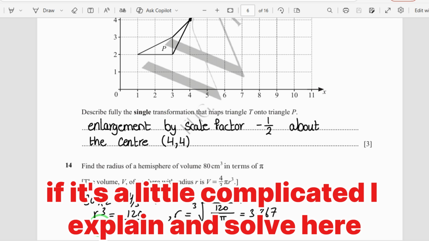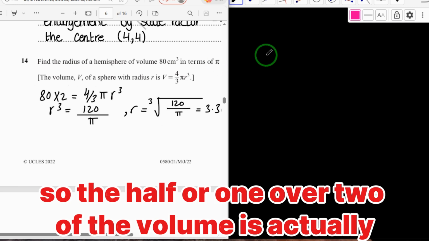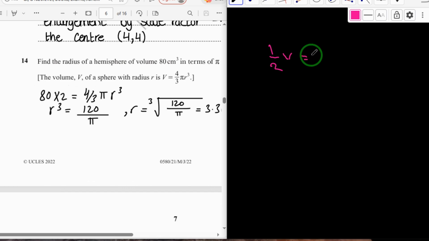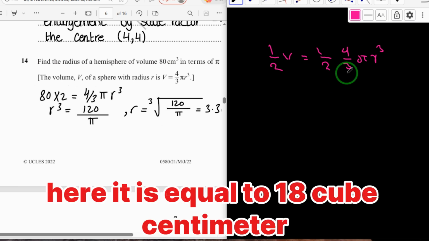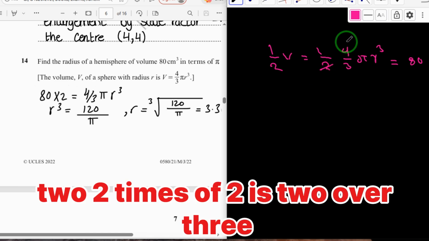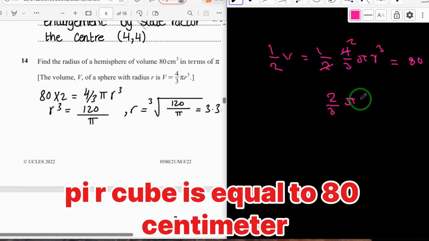if it's a little complicated, I will explain and solve it here. So half, or 1 over 2, of the total volume, which is 4 over 3 pi R cubed, is equal to 18 cubic centimeters. We simplify: 1 over 2 times 4 over 3 is 2 over 3, so 2 over 3 pi R cubed is equal to 18.